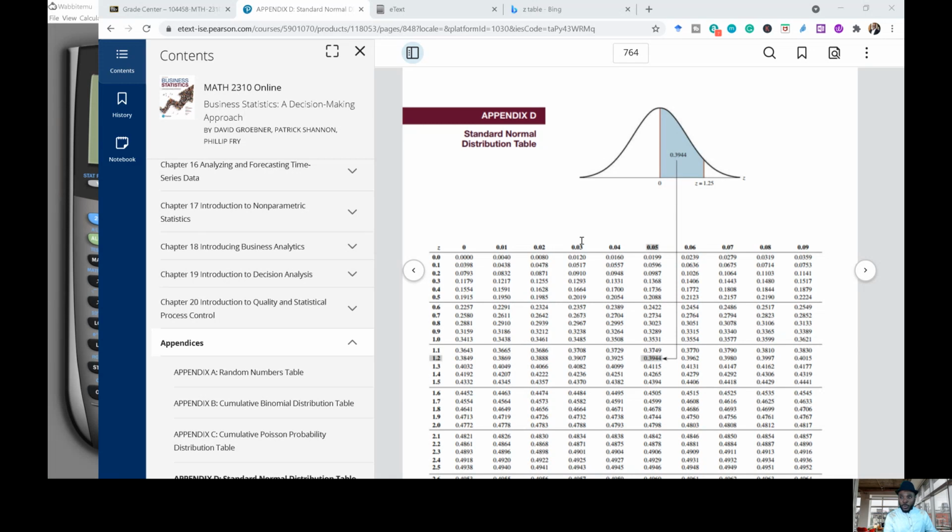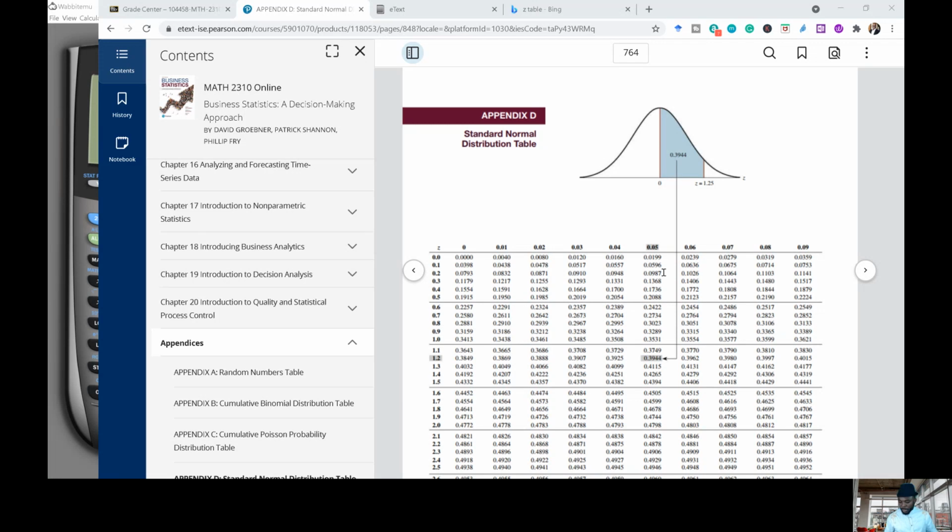Now, for our own problem, we also need to know what 0.25 is. So how do we know 0.25? Here we have 0.2 and then 5 will be this. So that would be 0.25, which is 0.0987. Okay.